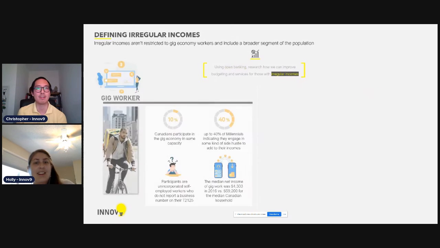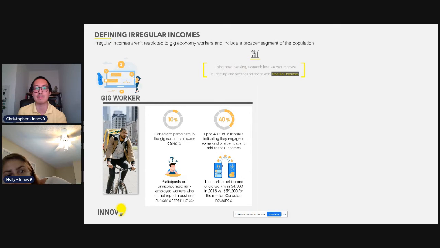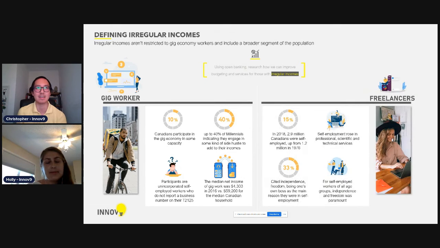So like Roy said, irregular incomes, it's a really big and broad umbrella when it comes to looking at the Canadian labor market. We made a conscious decision to look at gig economy workers and freelancers, mainly because they're kind of two sides to a similar coin, in the sense that although both fall under the umbrella of irregular income, the financial outcomes that they're typically dealing with are different.